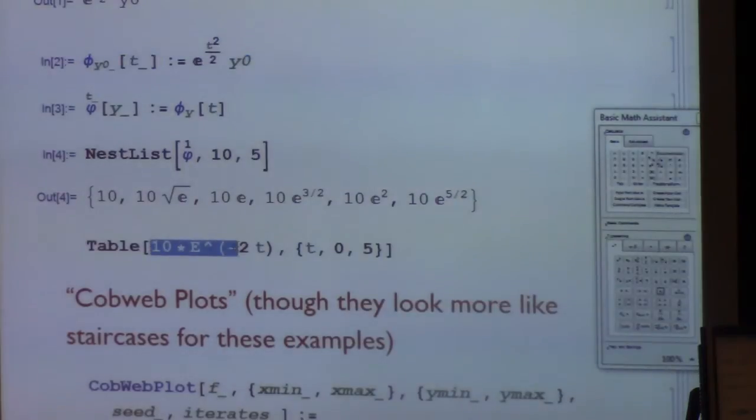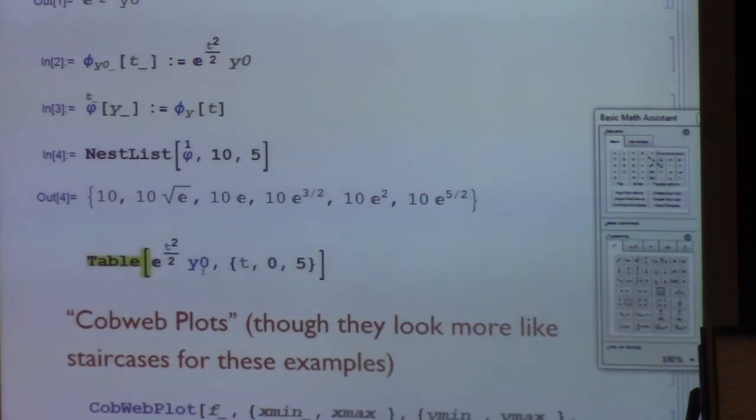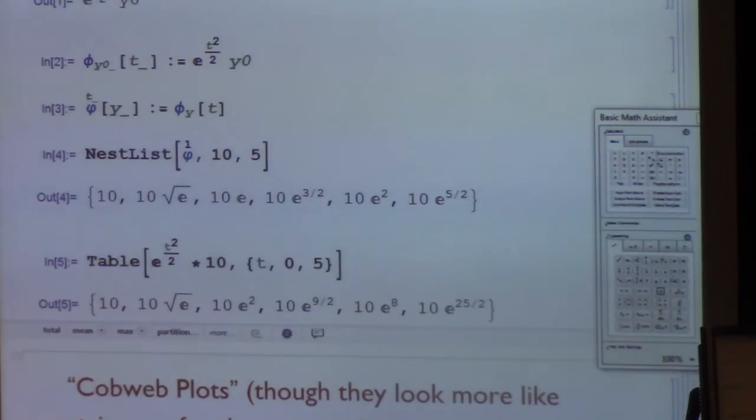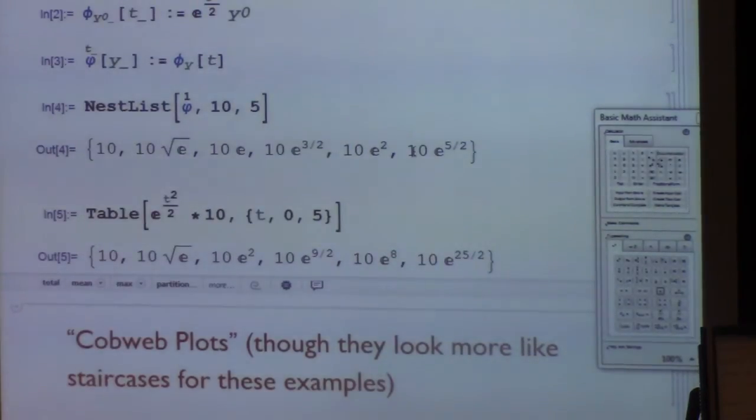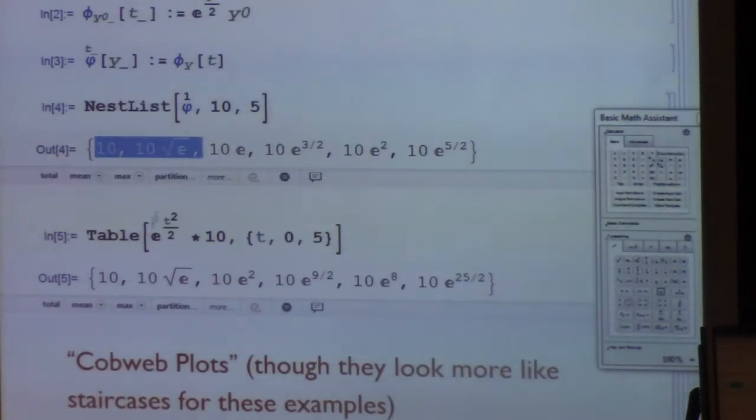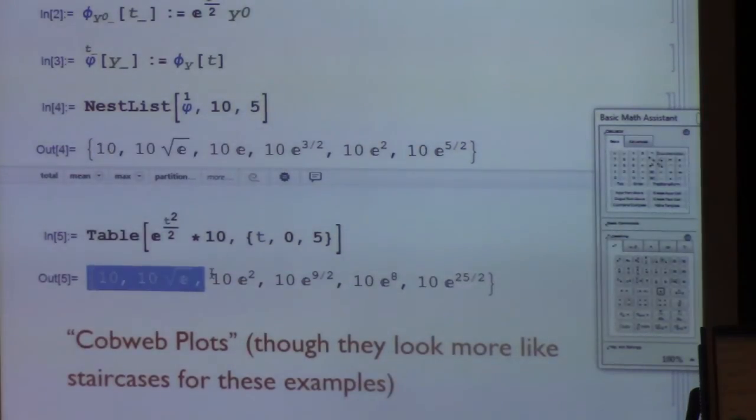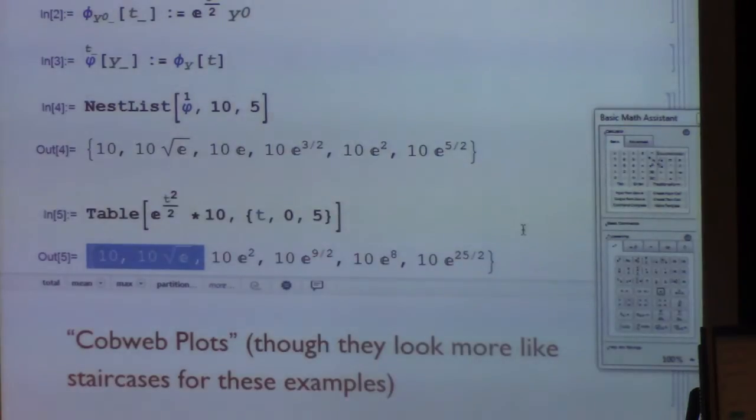The y0 I took to be 10, so I have to replace the y0 with 10. We do not get a match. You do get a match for the first two, but thereafter you don't get a match. So the iteration of the flow map for non-autonomous equations doesn't satisfy this nice property.